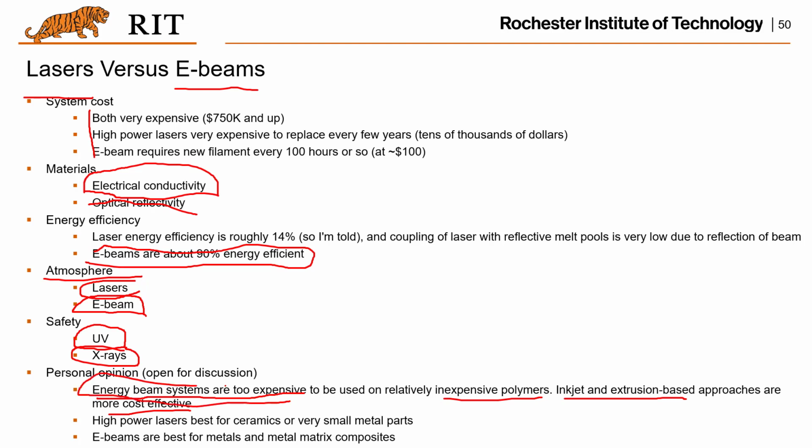I'm not talking about just e-beam; the energy beams, meaning either laser or electron beams, are too expensive to use there. Also, the high power laser is best for ceramics and very small metal parts. It's not good for the big ones, as mentioned previously. The electron beams are best for metal and metal matrix composites, and that's some of the opinions for you to think about in which scenario you should use what kind of process.